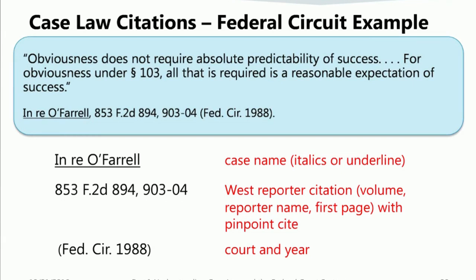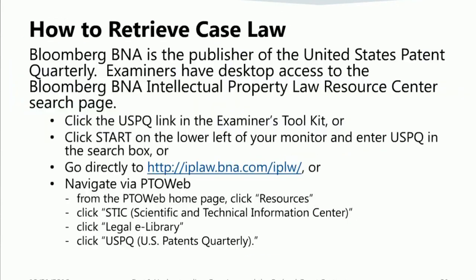Finally, in parentheses, comes the name of the court and the year. You may recall that on the previous slide, the citation to a Supreme Court decision did not indicate the deciding court along with the year. That is because the abbreviated reporter name US for Supreme Court decisions conveys the deciding court, so it is unnecessary to provide that information again.